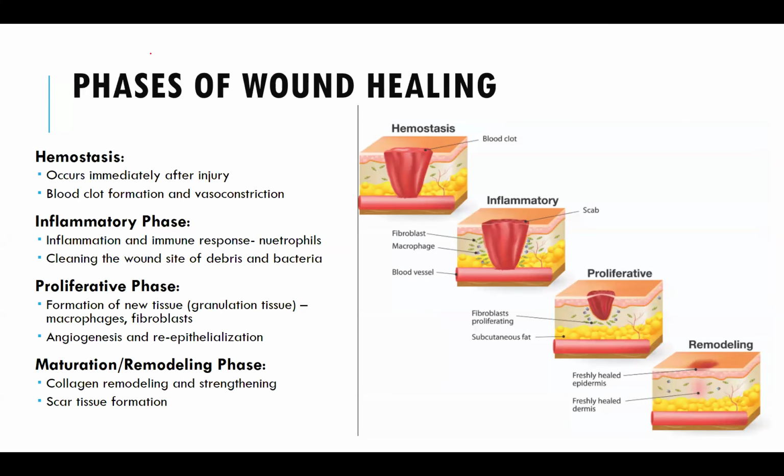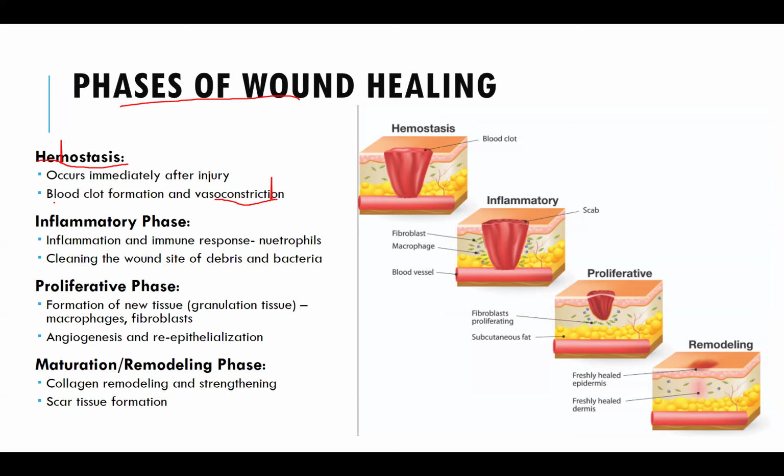So the phases of wound healing are summarized below. As we can see, immediately after you've gotten an injury, the first role of your body is to make sure that you stop bleeding. So it does a process we call hemostasis. In this case, immediately after an injury, the blood vessels that have been injured will undergo vasoconstriction to make sure that there is limited blood supply to that area and to prevent bleeding.